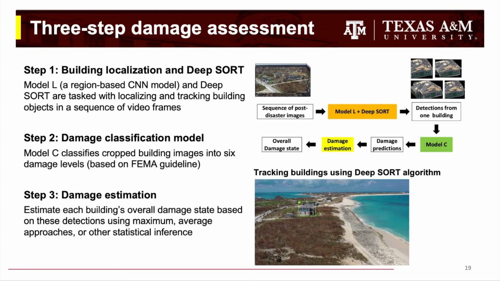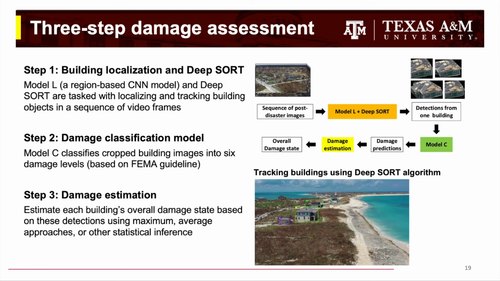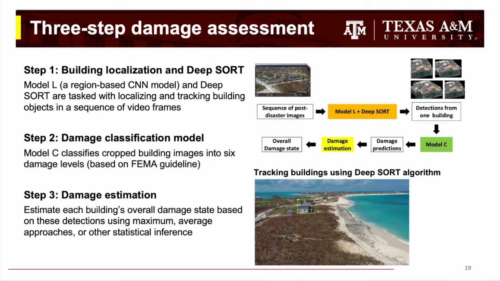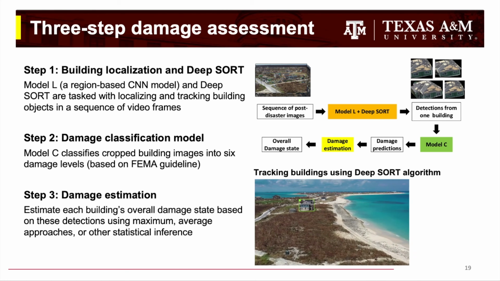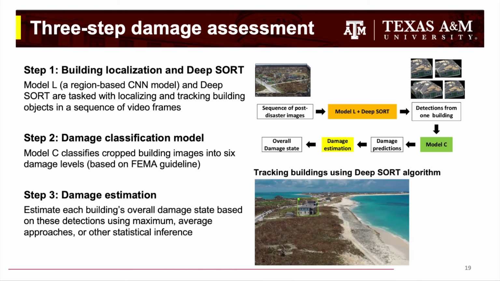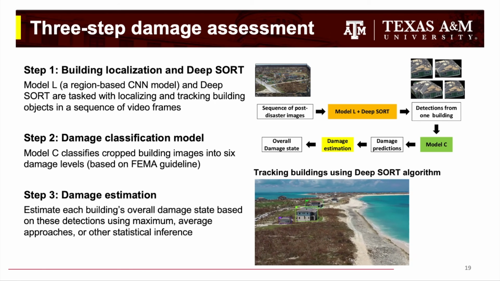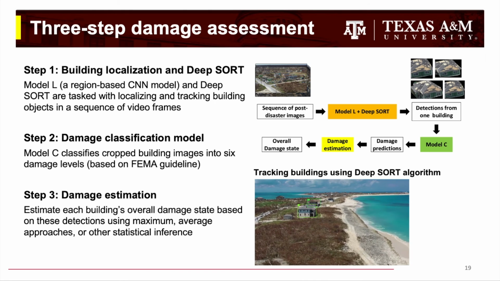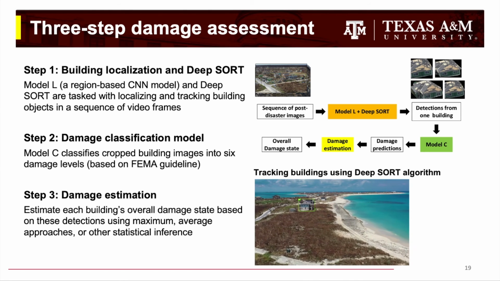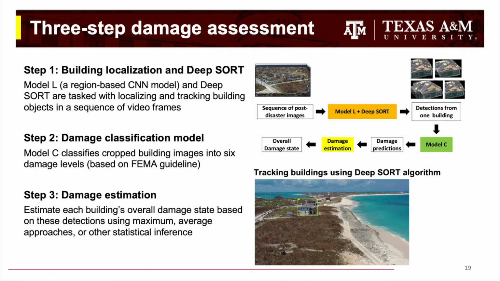Building upon our stack architecture, we propose a three-step process for overall building damage estimation by implementing object tracking and statistical inference. Deep SORT is used to track multiple Model L detections of the same buildings in a sequence of frames.